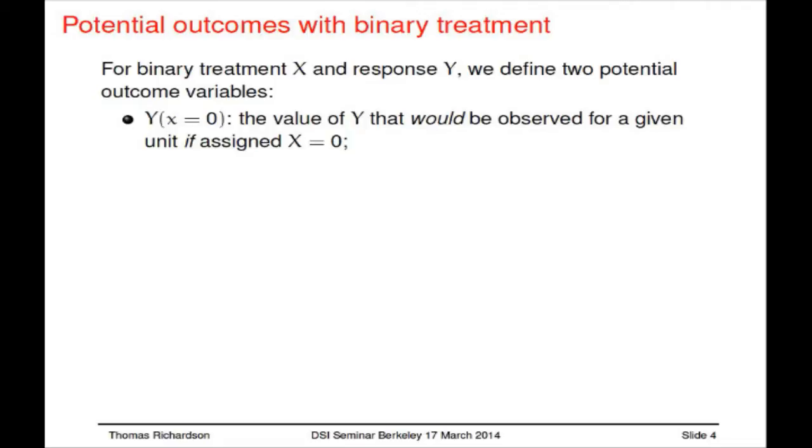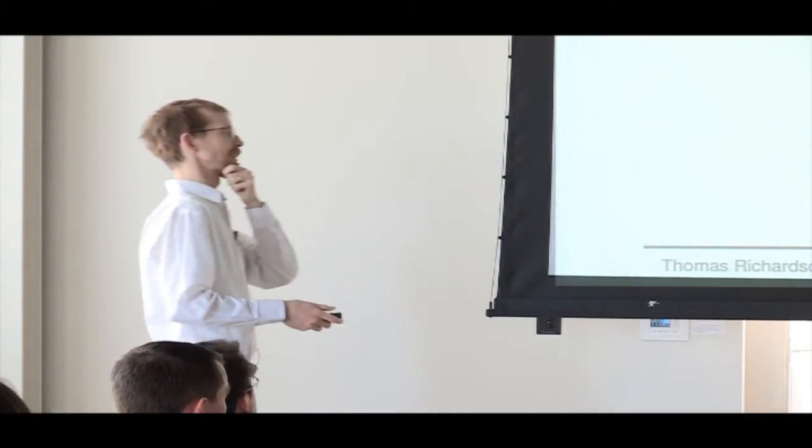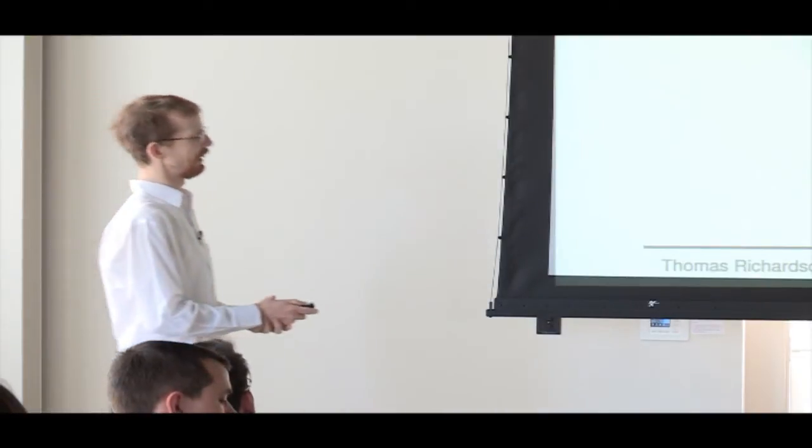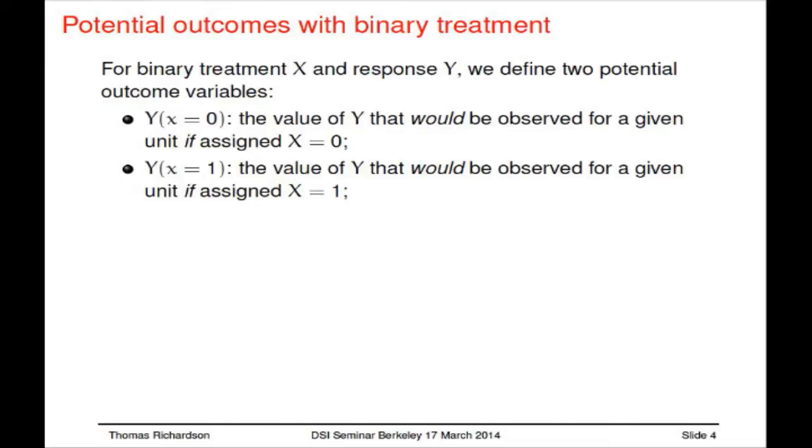And so this then leads us to think of two potential outcome variables, Y of x equals 0 being, for a given subject, the value of Y that would be observed for that unit if assigned to x equals 0. Okay? So each subject is going to have one variable telling us what would happen to them if they got x equals 0 or placebo, and they're going to have another variable, Y of x equals 1, which is the value that would be observed for that unit if assigned to x equals 1.